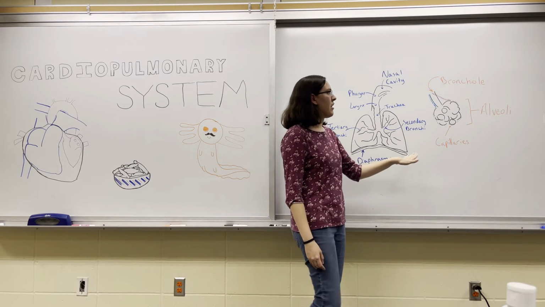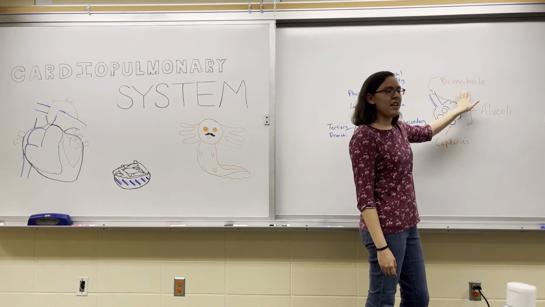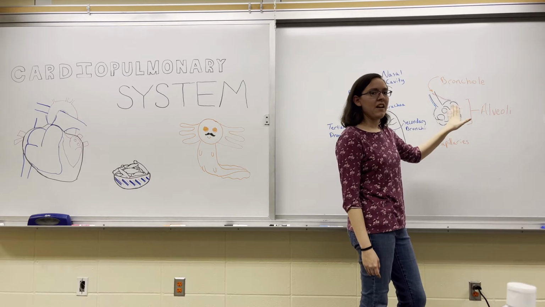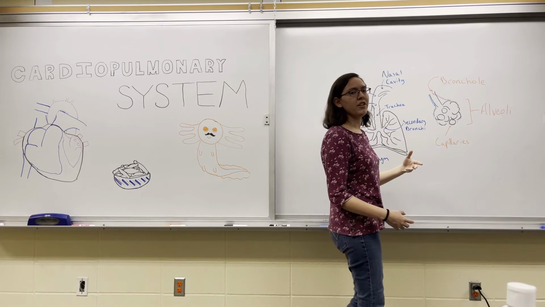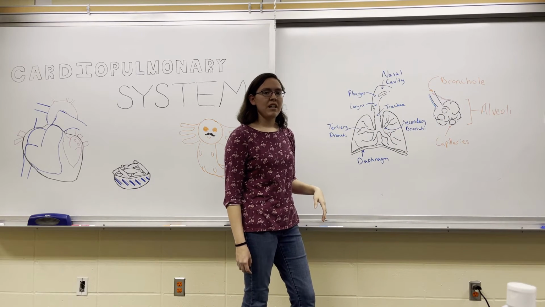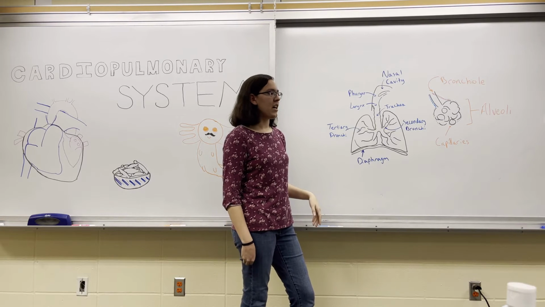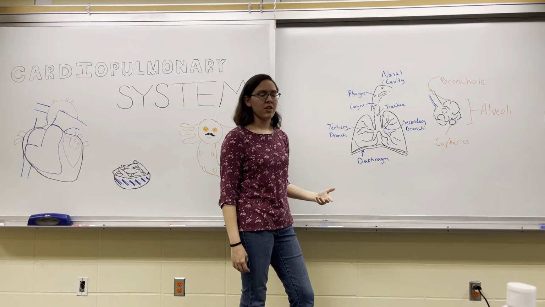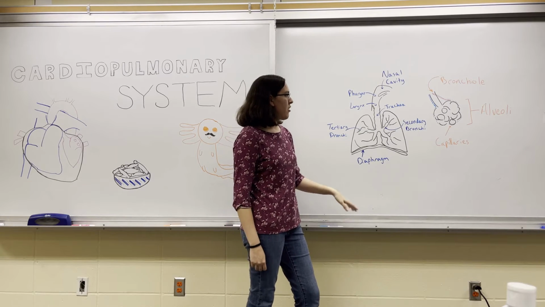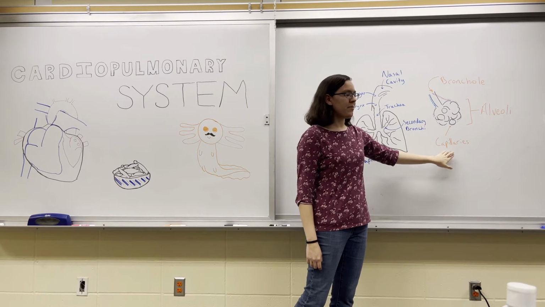The smallest bronchi are called bronchioles, and at the end of these bronchioles you'll find alveoli, which are small air sacs. Alveoli have a surface area that's 50 times greater than our skin, and they are the site of gas exchange. They are also surrounded by capillaries.